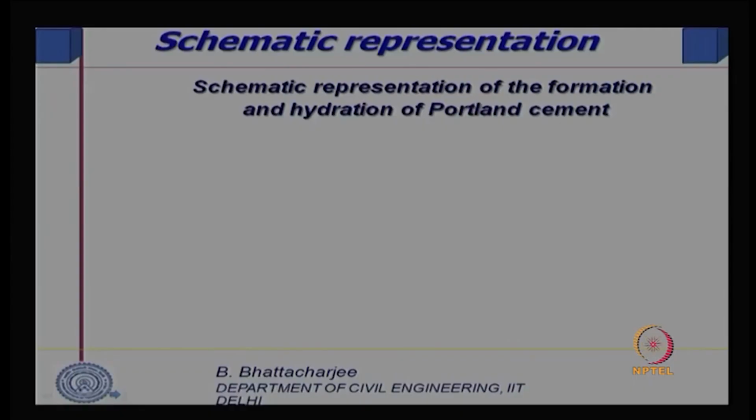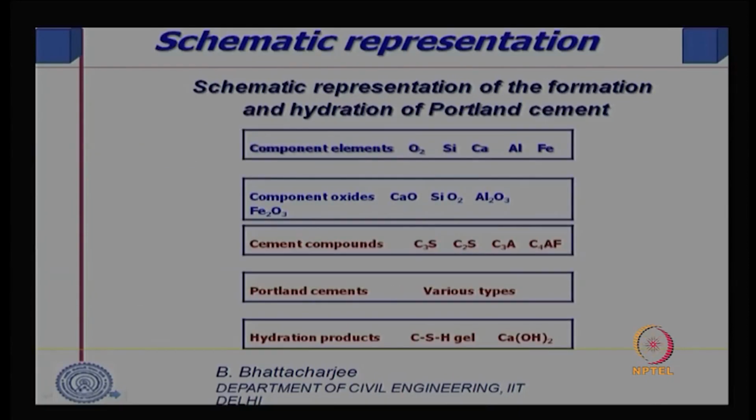Remember, last time we looked into the schematic representation of the formation of hydration of Portland cement. We said that we start from the elements oxygen, silicon, calcium, aluminum and iron, which form oxides: calcium oxide, SiO2, silicon oxide and aluminum oxide, that is silica and alumina, and iron oxide.